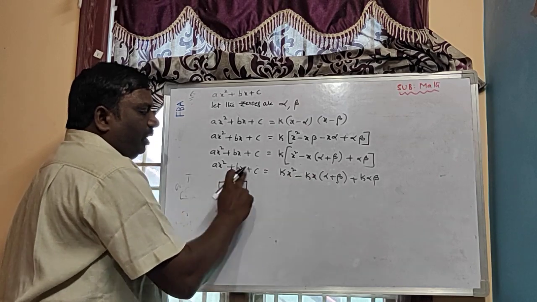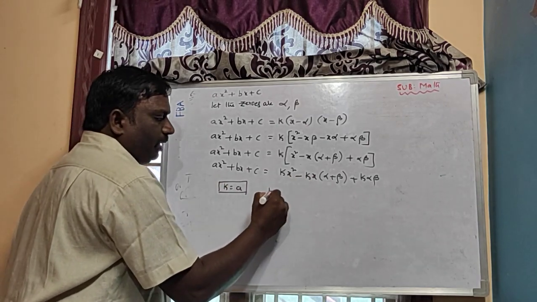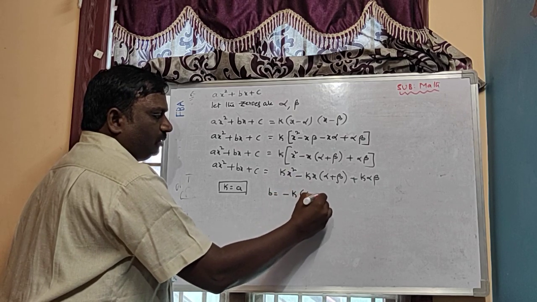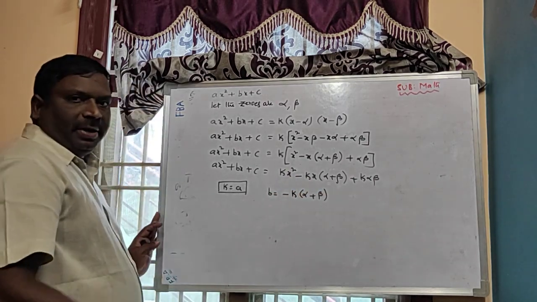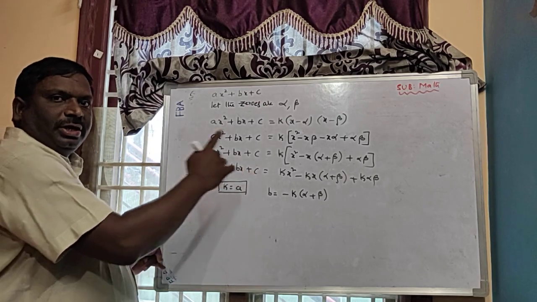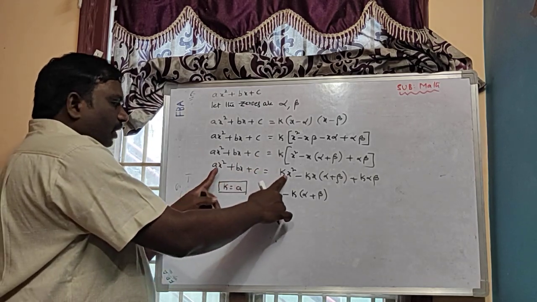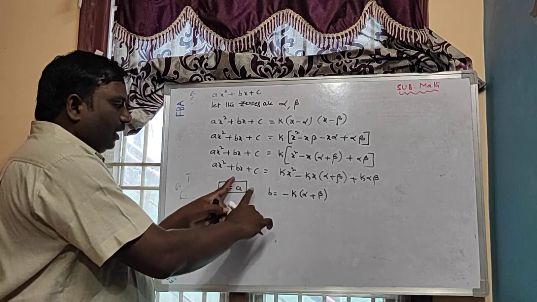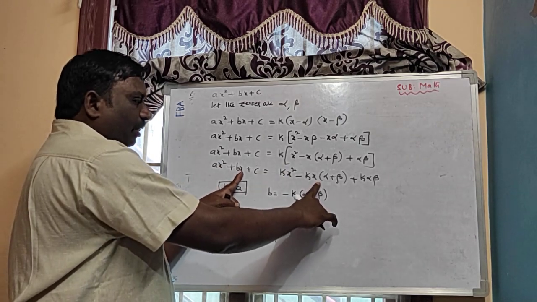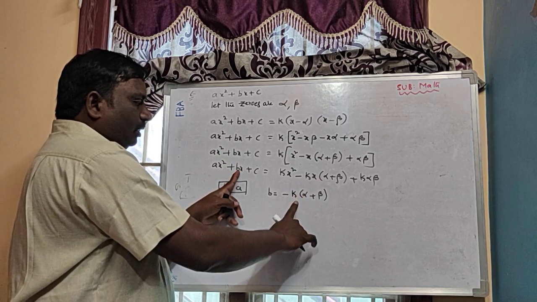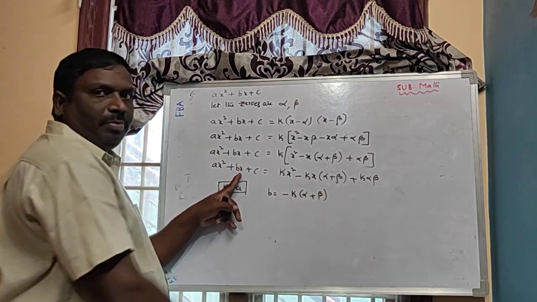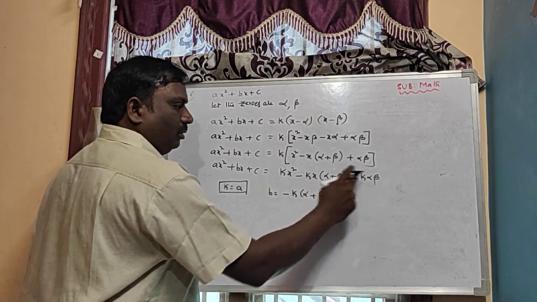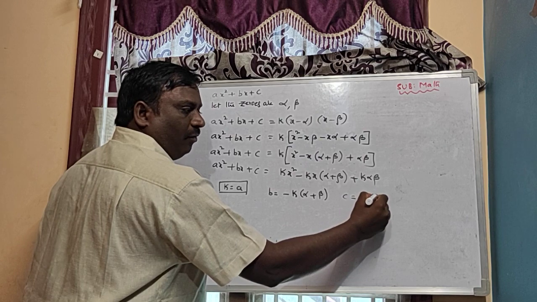Comparison means x square and x square comparison, then except the x square values, the remaining values we have to equate. So b equals minus k into alpha plus beta. Similarly the constant term, c equals k into alpha beta.